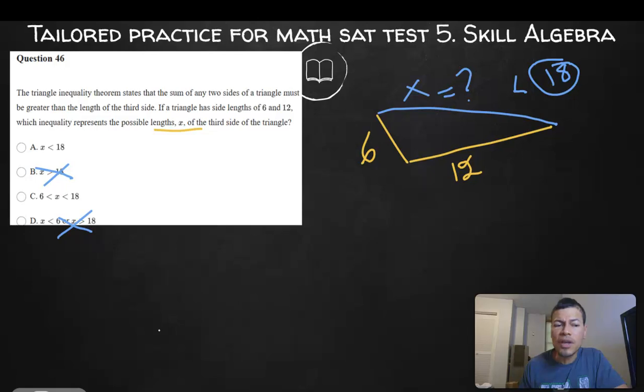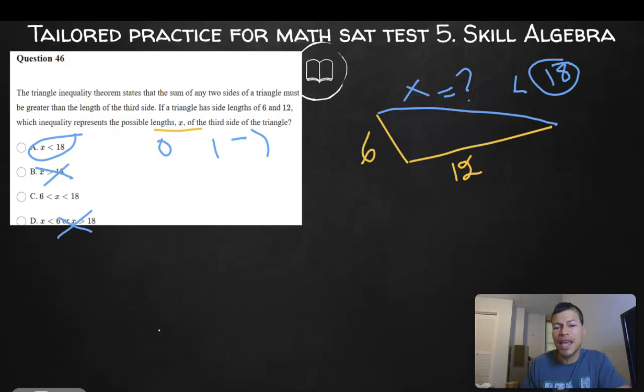Now the question here is, is A correct or is C correct? Guys, anything that is less than 18 includes 0 and includes the negative numbers. So this side of the triangle cannot be 0. Because if this side is 0, then the triangle doesn't exist.